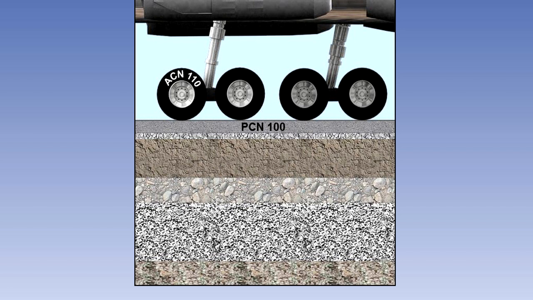However, there is an allowance for overload on the pavement. The pavement classification number value includes a safety factor, so that a 10% increase in aircraft classification number over the pavement classification number is generally acceptable for pavements that are well consolidated, in good condition, and provided that certain conditions are adhered to.